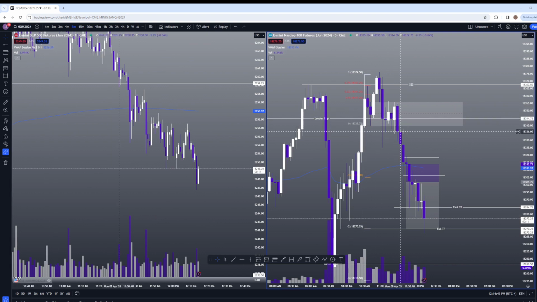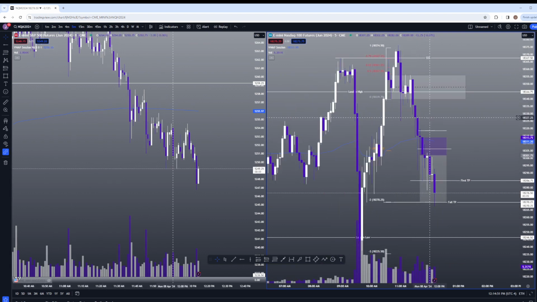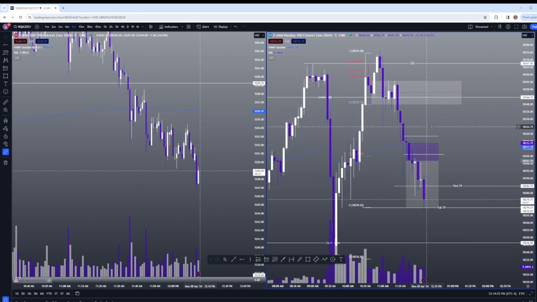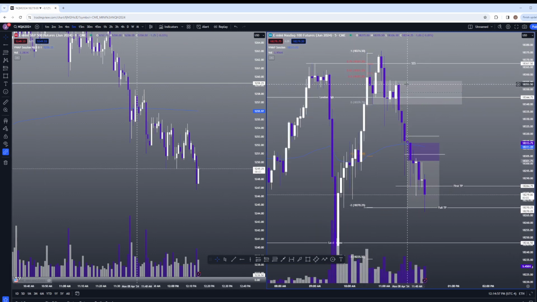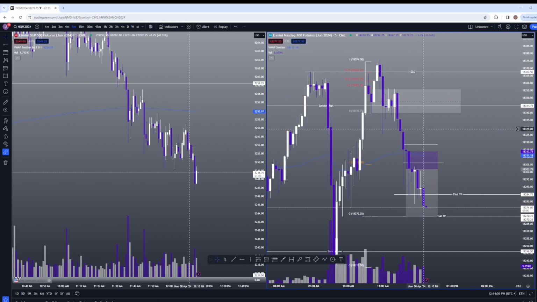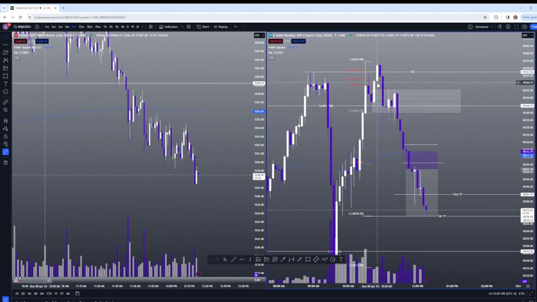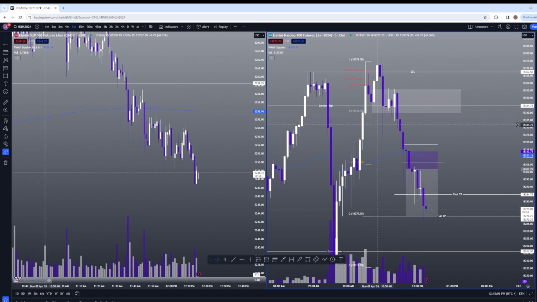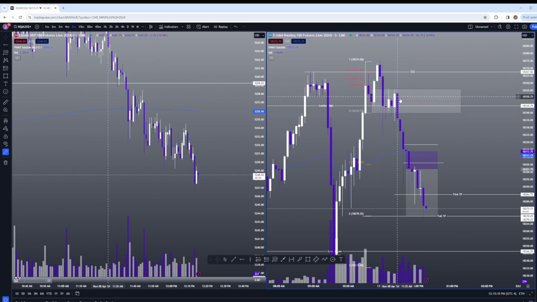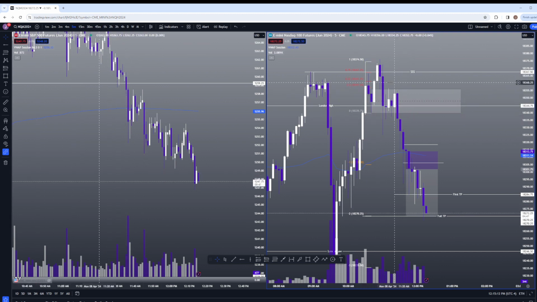That's that market structure shift, and that's how you have that conviction that price is going to continue to trend down, that this is a reversal. And when there's a fair value gap formed inside of that breaker, that's extra confluence for me, because now when I see an imbalance, price is going to trade up into that imbalance, into that breaker, and will most likely get a reaction, right?